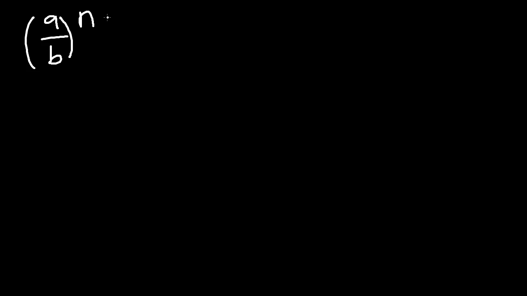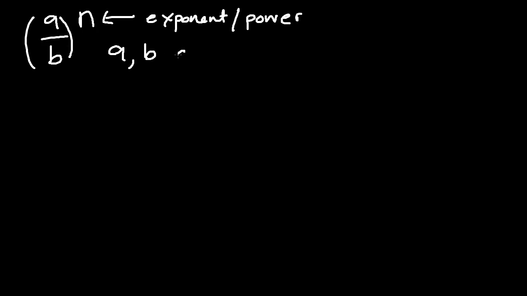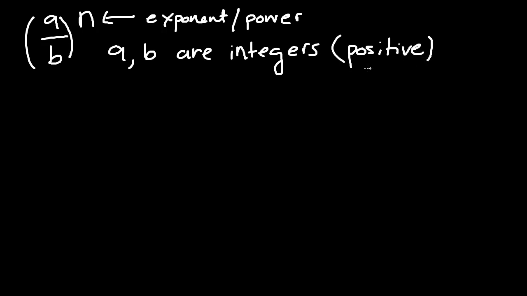So what this means is, n is the exponent or the power, okay. Exponent and power are synonyms, and a and b are integers, but they're positive, okay. We're gonna look at the case when they're negative in a second here, but for now let's consider that they're positive.